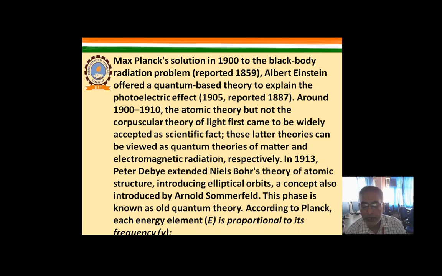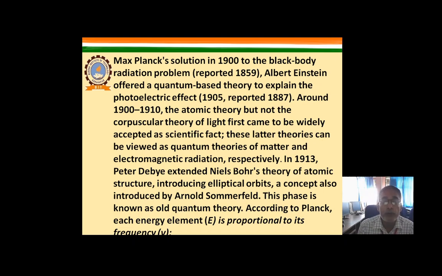Energy is emitted not in a continuous manner but it is discrete. I am repeating, energy is emitted not in a continuous manner but it is discrete. Means E is equal to n h nu, where n is a number like 1, 2, 3, 4.